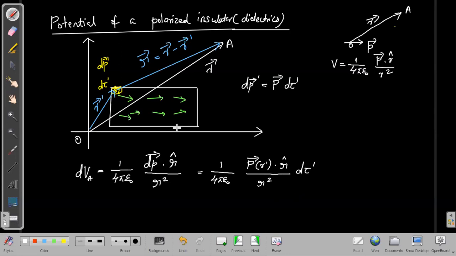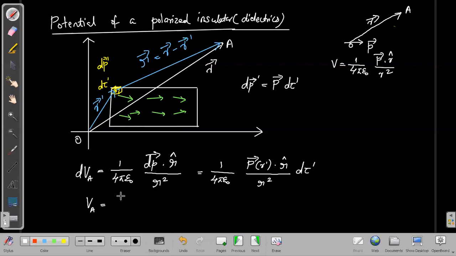If you look at the insulator, it will contain a very large number of such tiny dipole moments, and we have to add the potential produced by each of them to find the total potential at point A. So the total potential at point A is simply the sum of the potential produced by all infinitesimal dipole moments. Such a summation is nothing but an integration. So I can find the total potential by just integrating the above expression, but the integration is over the source region, not the field region.